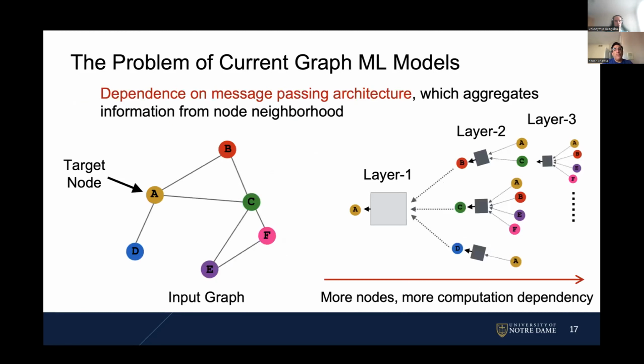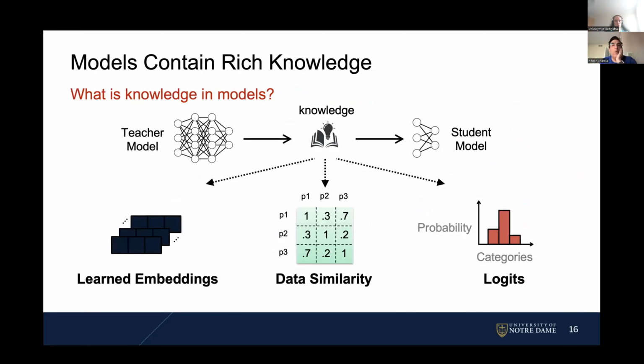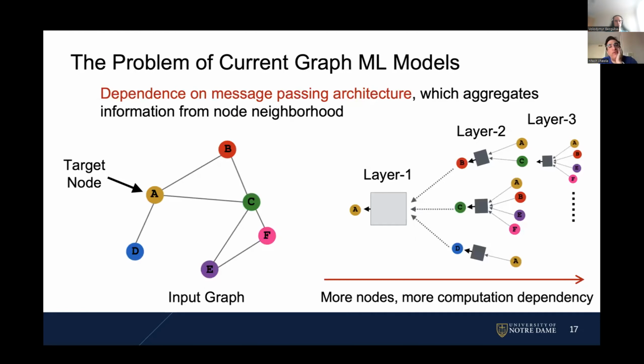So the other challenge, and why this is important for us to think about, if you look at this previous graph, is why is it important for us to think about the smaller student model? Is the computational, if I'm trying to learn a massive graph neural network on a massive graph structure, there is a significant dependence on the message passing architecture, which aggregates information from node neighborhoods.